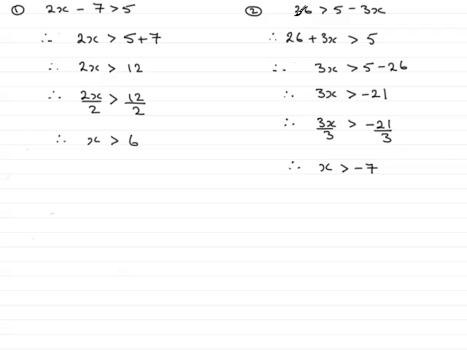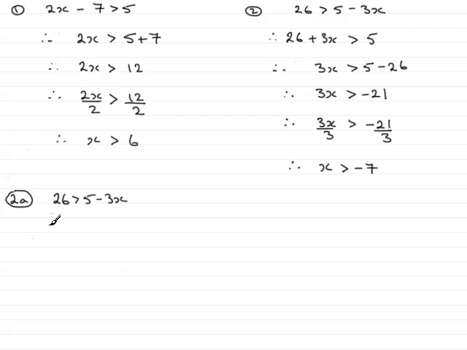Now as I said earlier, I could do this another way. So what we'll do is just give an alternative version for 2, we'll call it 2a. Let's copy the equation down again. 26 is greater than 5 minus 3x. What could I do? I could, for instance, multiply both sides by negative 1 to make this a plus 3x.